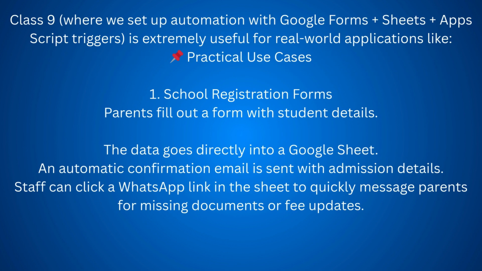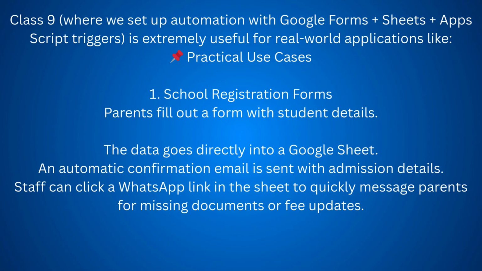The setup in class 9, with Google Forms, Sheets, Google Apps Script and triggers, is extremely useful for real-world applications and practical use cases. First, a school registration form: the parents fill out a form with the student details.